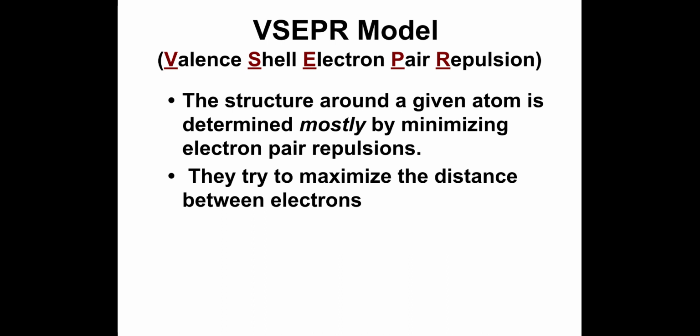But when we have a double and triple bond and we're trying to figure out the shape of the molecule, we treat the double and triple bonds as one group. So even though there's actually 2 pairs of electrons in a double bond and 3 pairs in a triple bond, we treat that as just one group as a whole. So when we're trying to count the number of groups around our atom, we would count double and triple bonds as one group, not 2 groups, not 3 groups, just as one group. So that's just a clarification on that.